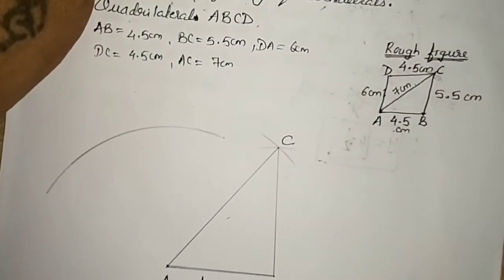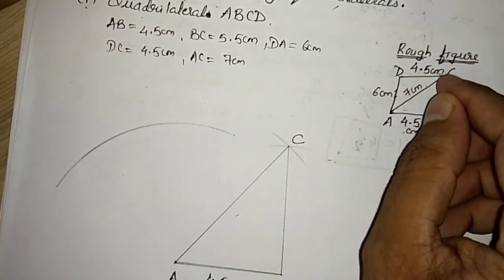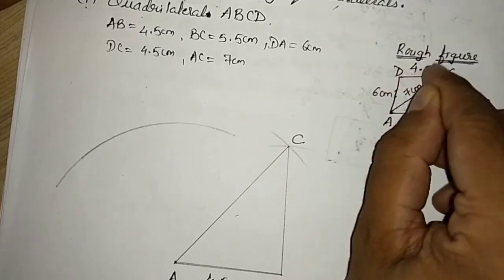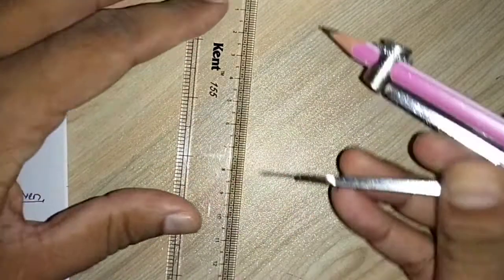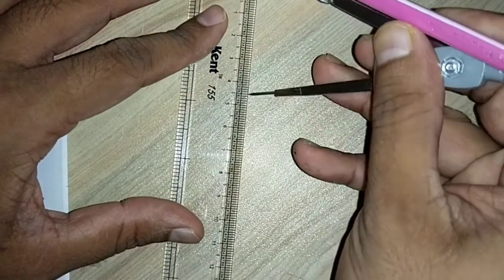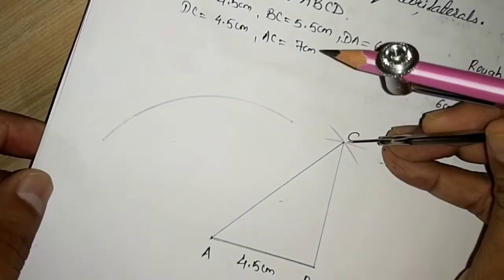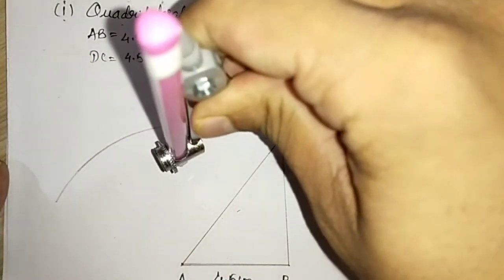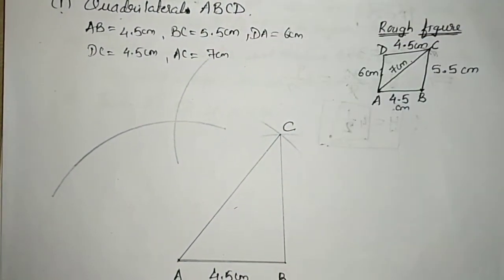Now again from AC we have done. Now taking C as a center and taking radius 4.5 centimeter. Let me again take the measurement 4.5 centimeter, but this time on C. And intersect the previous arc which we have discussed.